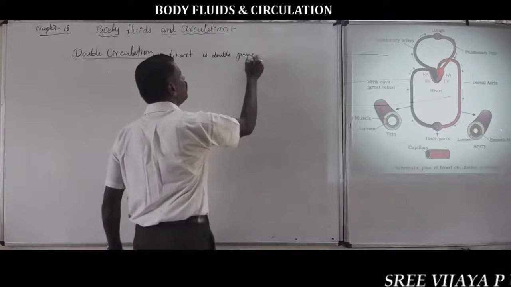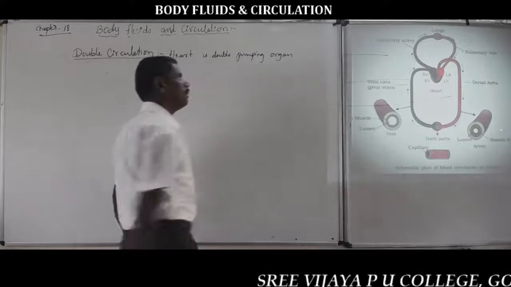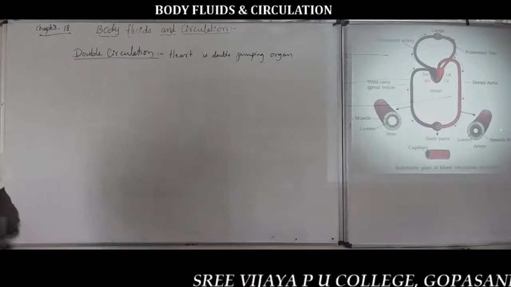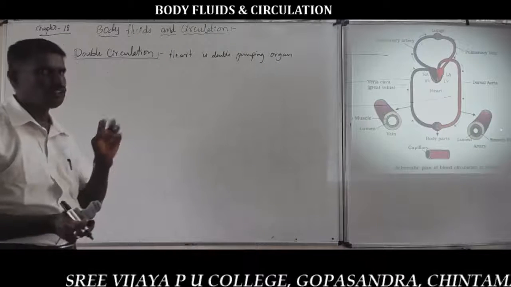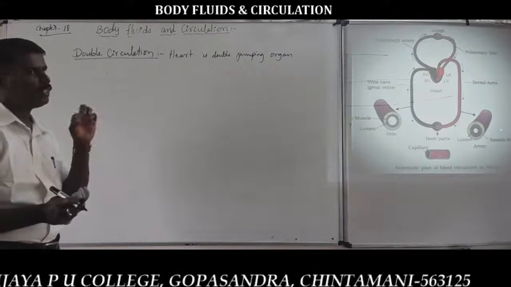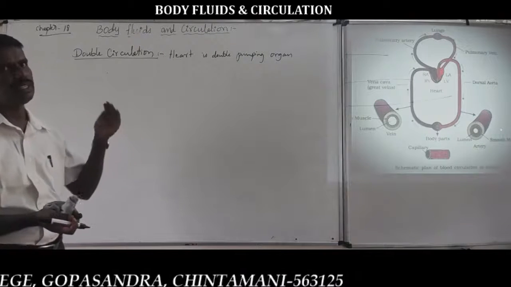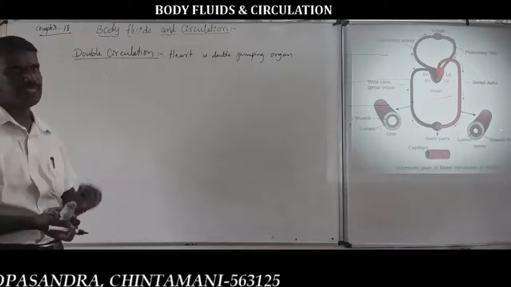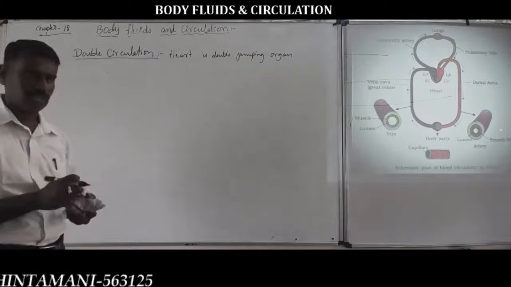The same blood is pumped two times by the heart: once it pumps deoxygenated blood, and the same deoxygenated blood is converted into oxygenated blood. The oxygenated blood is once again pumped, hence the heart is a double pumping organ.